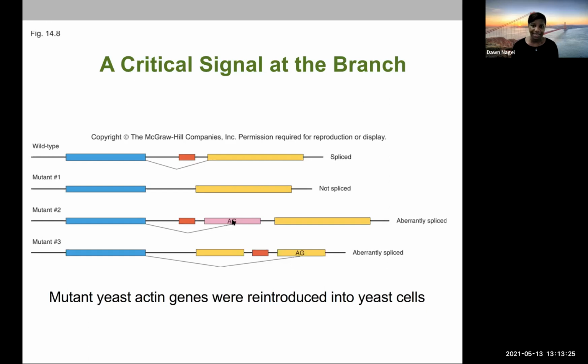Or if it still goes through the step of being processed, going out into the cytoplasm, then quite often you will end up with a truncated protein. That truncated protein is not functional and that gets degraded. So you can account for these aberrant processes that are happening with these splice sites.